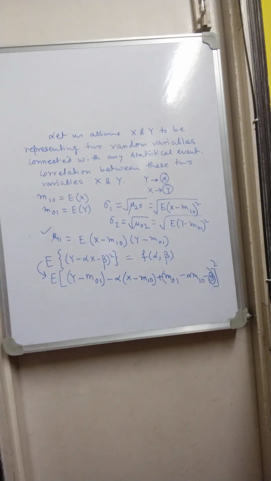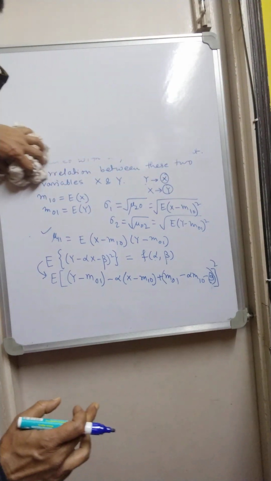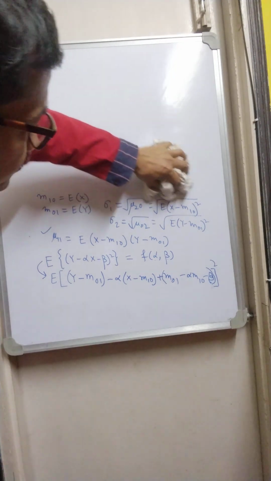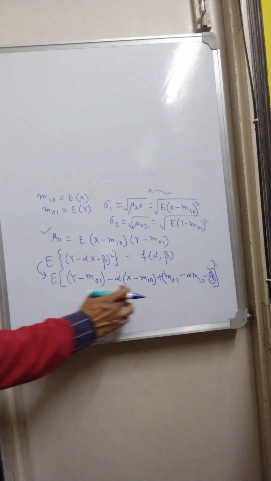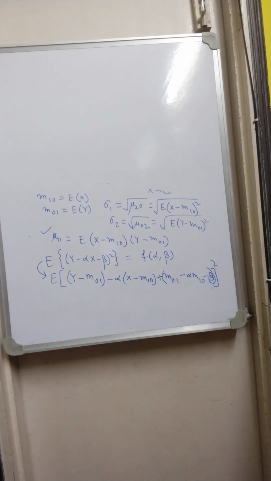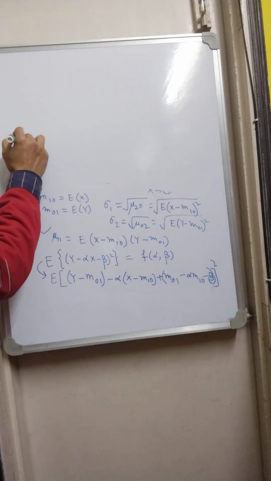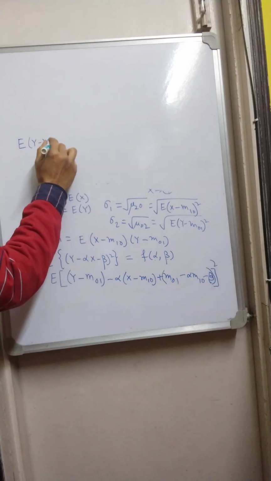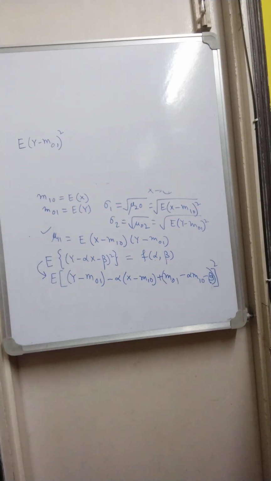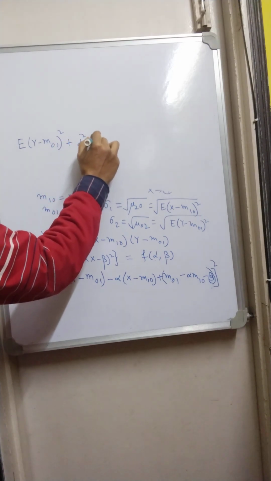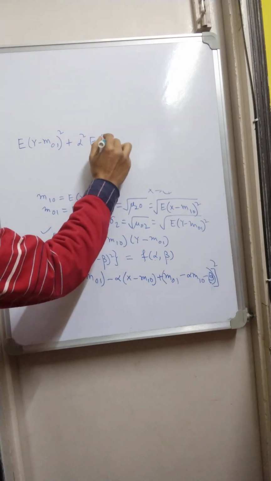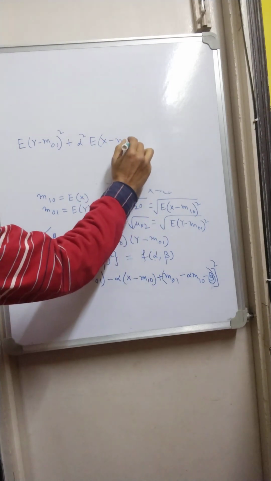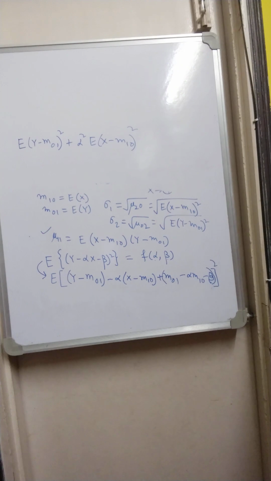Now we would like to see about this whole square effect regarding these three terms. I would like to write this as expectation of y minus m01 whole square, plus alpha square expectation of x minus m10 whole square.